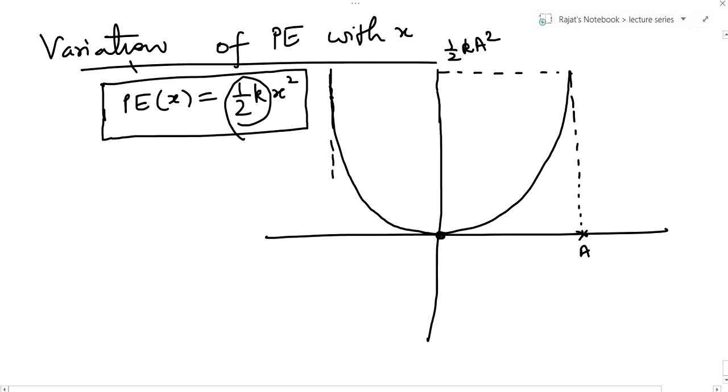Similarly, when the spring is compressed by a, then also the potential energy will be maximum and the value will be half k a square. Potential energy has no direction, it is always positive. So whether you compress the spring or you elongate the spring, if the extension and compression have the same magnitude, then the potential energy will be the same. Okay, so this is the variation of potential energy.